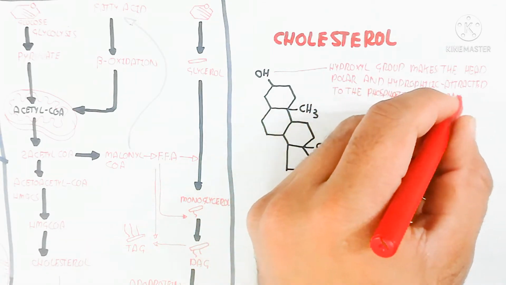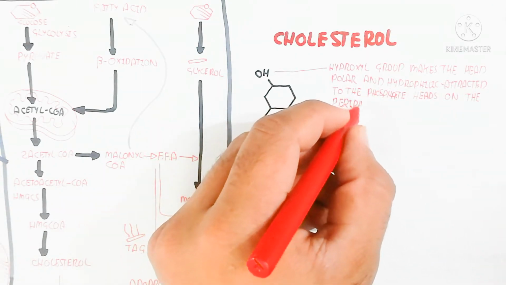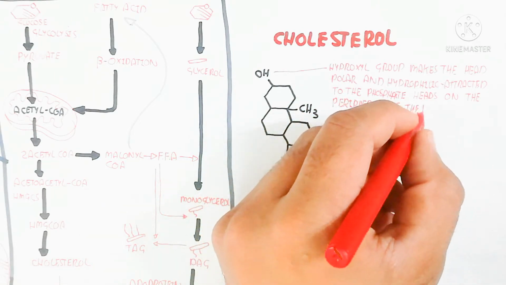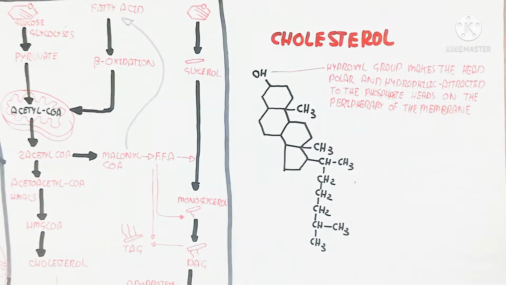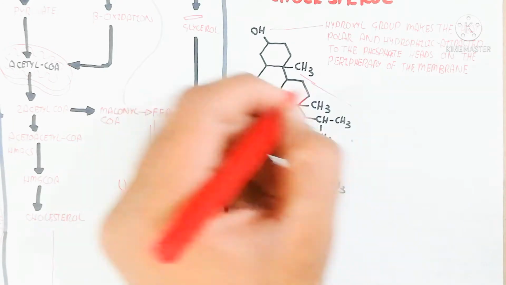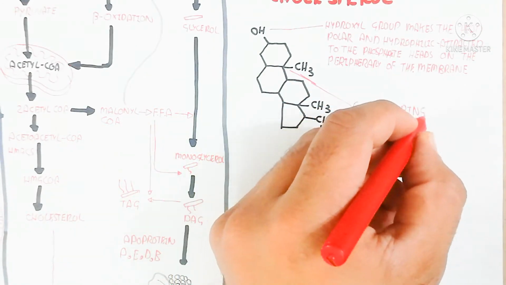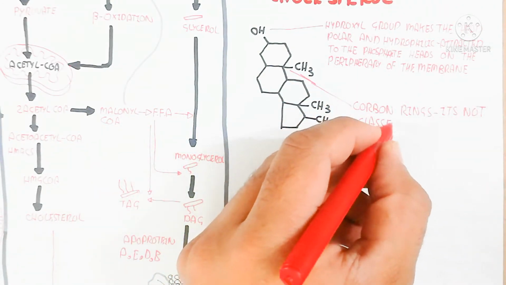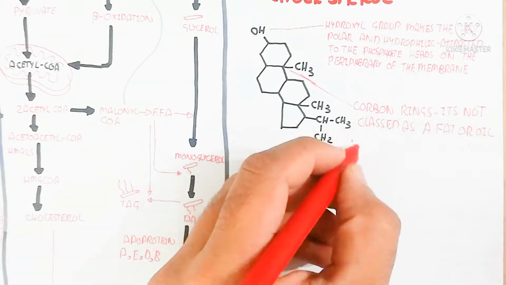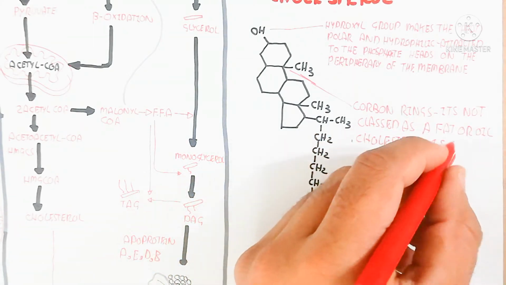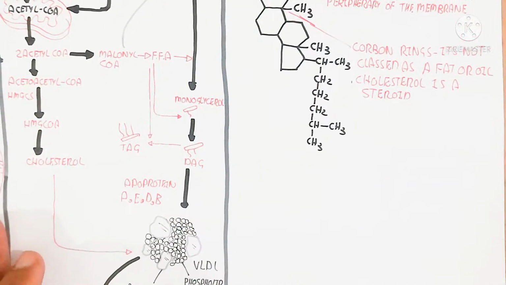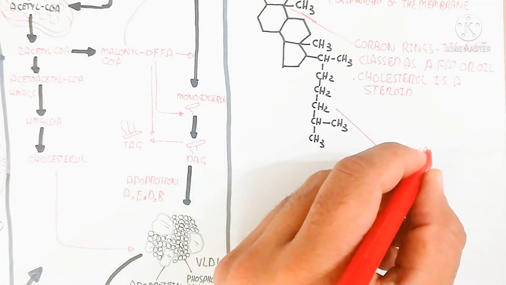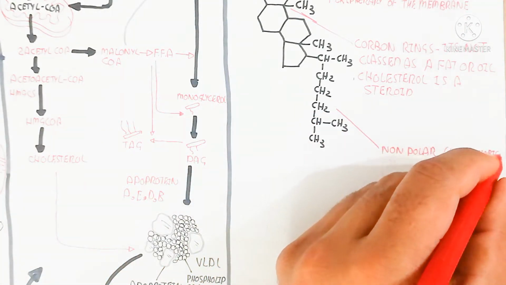Cholesterol is a steroid. So this is the non-polar fatty acid chain, which is hydrophobic. Here you can see the carbon ring, it's not classed as a fat or oil. Cholesterol is a steroid, and steroid means it has a four-ringed carbon base structure.